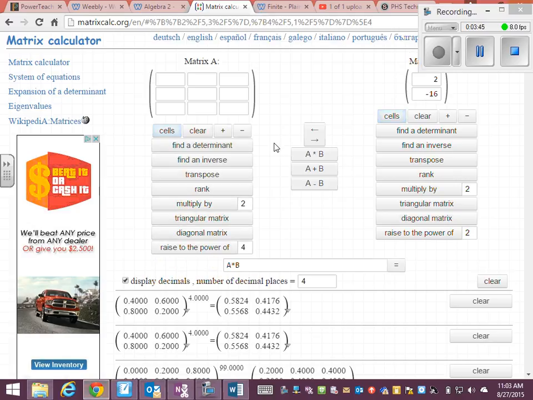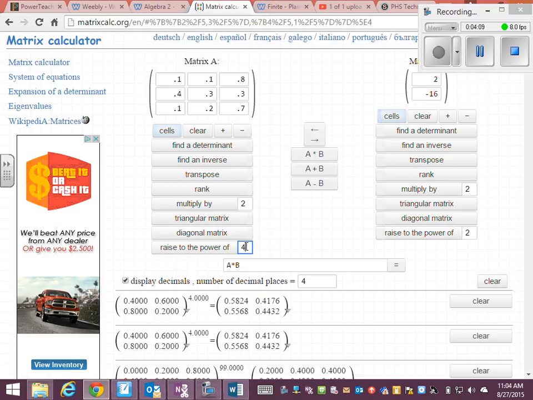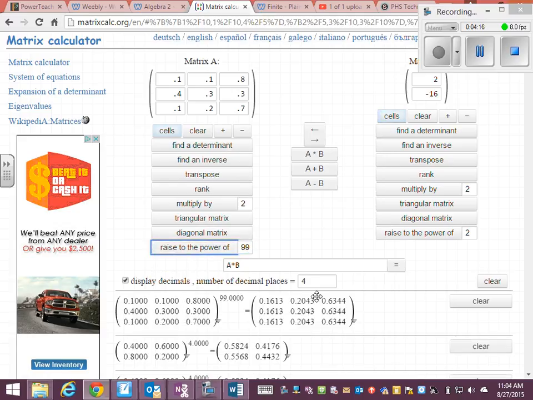And number 16 is 0.1, 0.1, 0.8, 0.4, 0.3, 0.3, 0.1, 0.2, 0.7. Equilibrium vector is talking about long term. I think the easiest way to do this is just pick a really high power. We'll pick like the 99th power, and we're basically going to take this to the 99th power. Any large number will pretty much work.